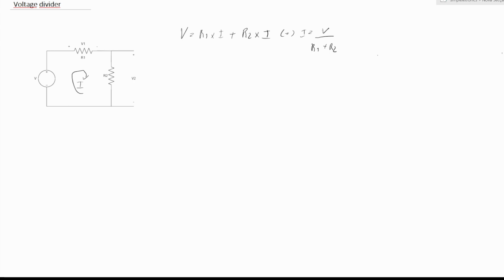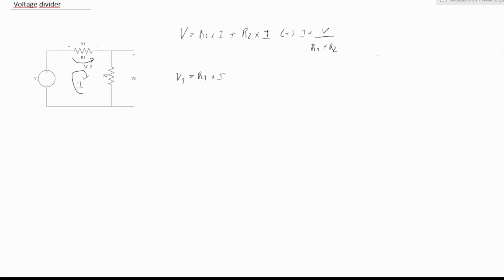Now we know that the voltage V1, this voltage over here, is equal to R1 multiplied by the current. This is Ohm's law, as you know.